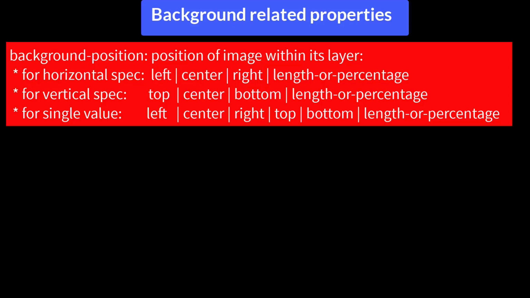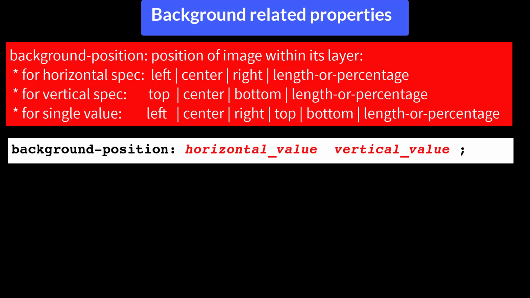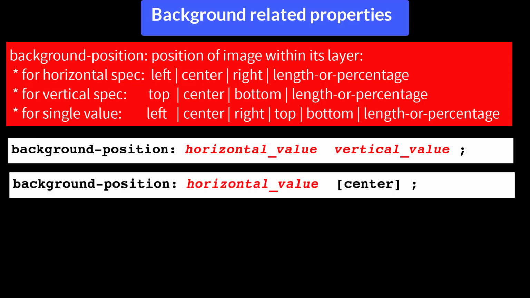And if you specify a single value, you can say left or center or right or top or bottom or length or percentage. And again, the browser assumes certain results from this. So again, you specify two values, the first for the horizontal value and the second for the vertical value, with no comma between the values. If only one is specified, the other is assumed to be center.